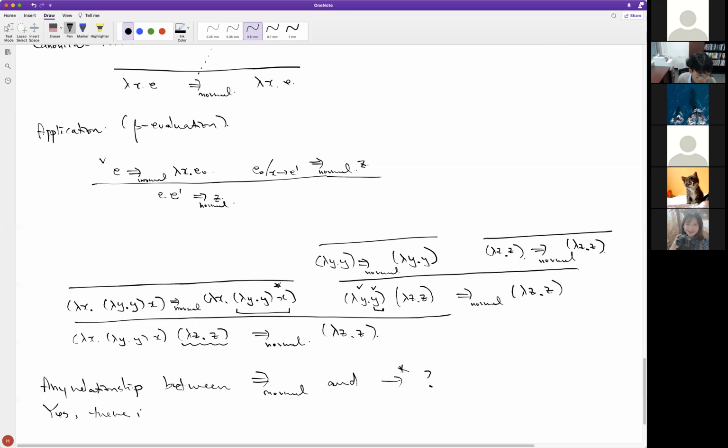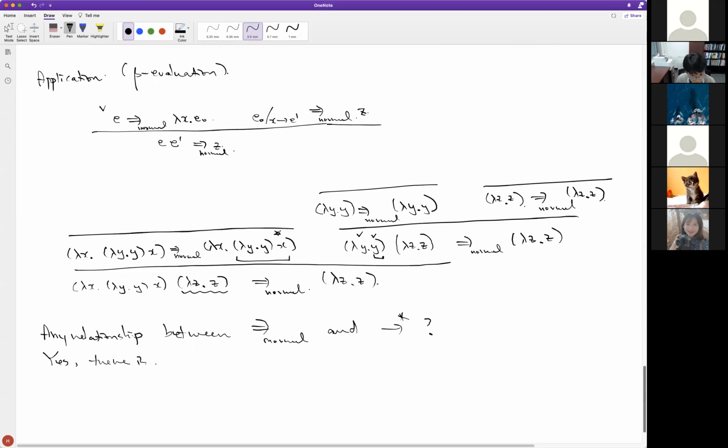What happens is that if you think about this under normal order reduction, but without contracting inside lambda. Okay. So normal order, what is it?